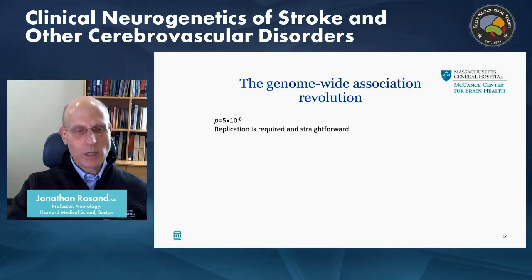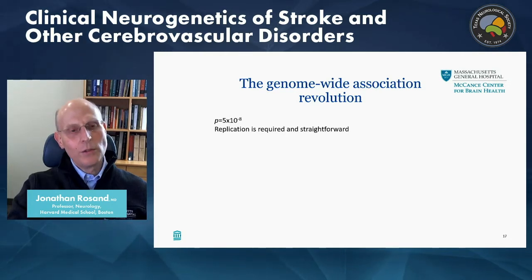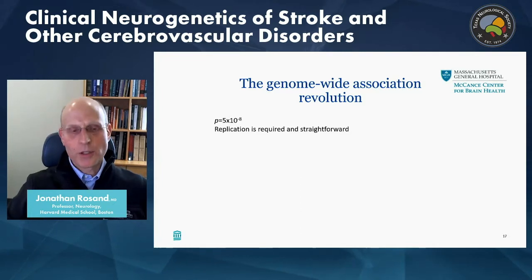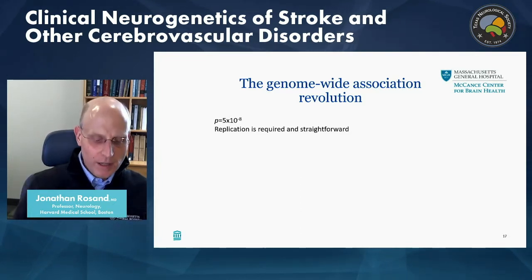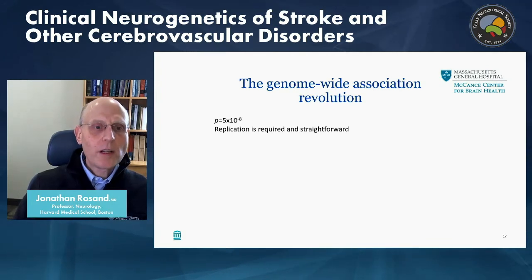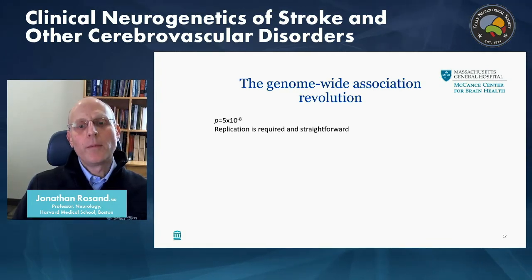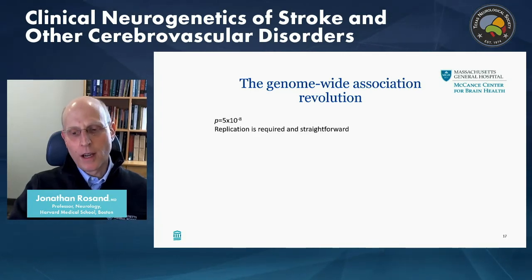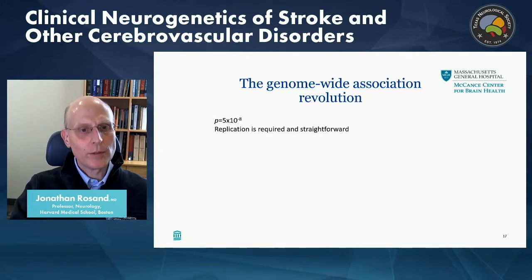And it's really set the standard for human studies. If you look across the epidemiology literature, at other studies of human disease, it's very rare that we actually hold studies accountable for controlling for multiple hypothesis testing. But in genomics, it's the rule.